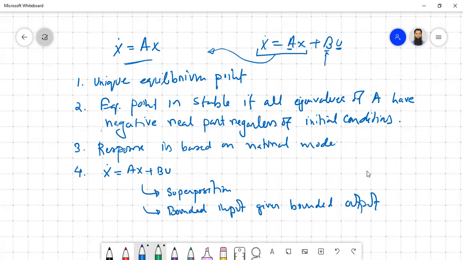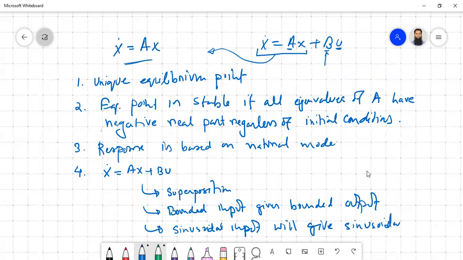And thirdly, if you have a sinusoidal input, you will have a sinusoidal output of the same frequency.